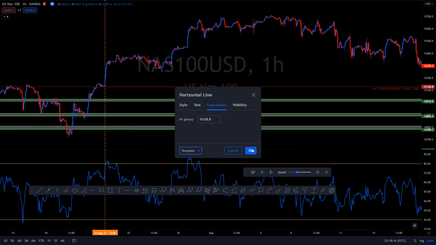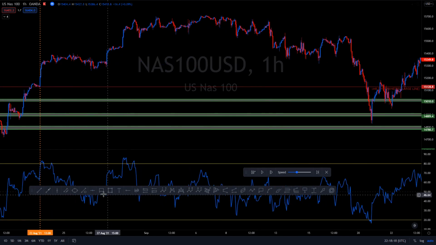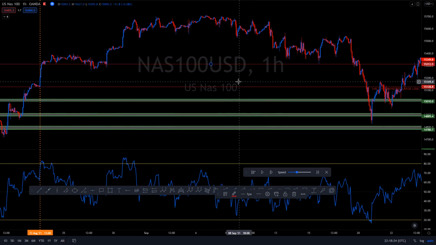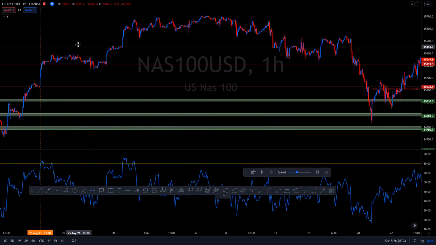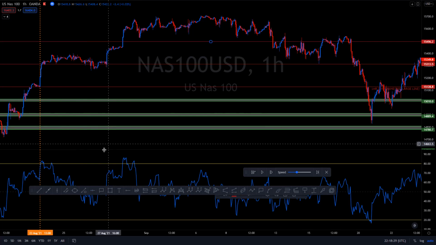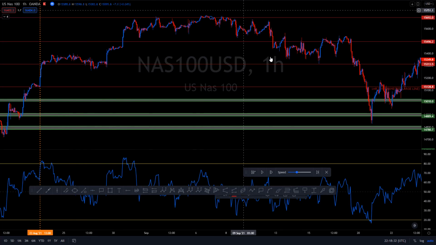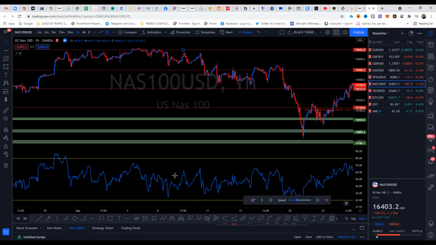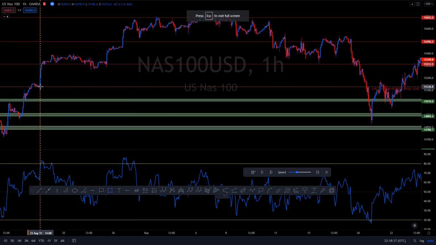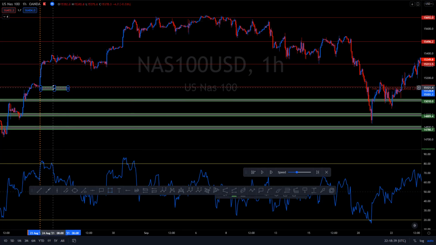We're going to make this red. This was a blue one here. Right here. Then right here. Then we're going to mark those supply demand zones here.